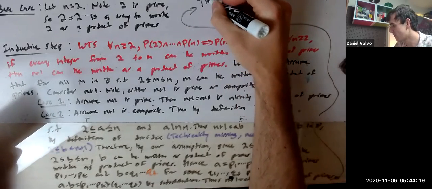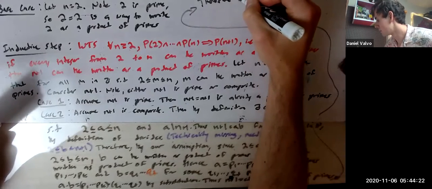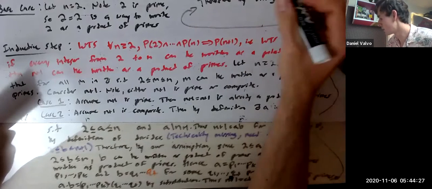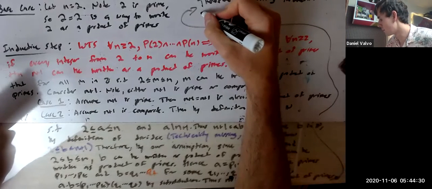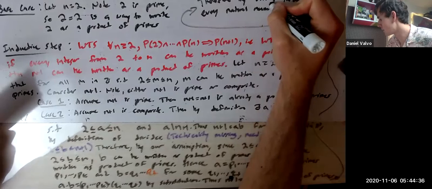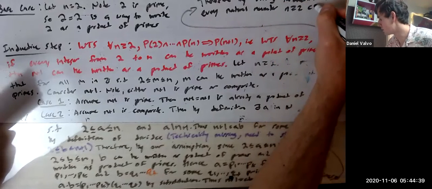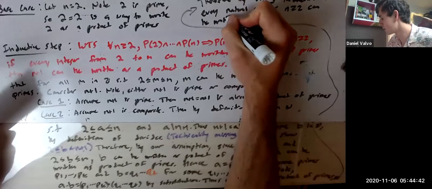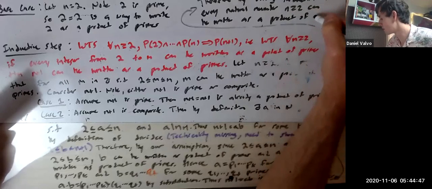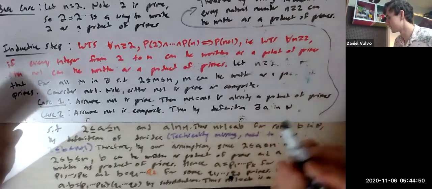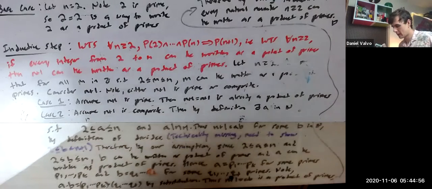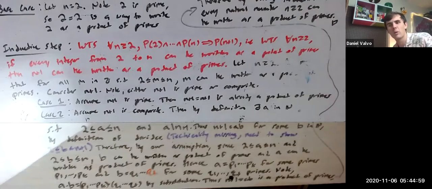And it would say, therefore, by strong induction, every natural number greater than or equal to 2 can be written as a product of primes. So really a square belongs here. Any questions?